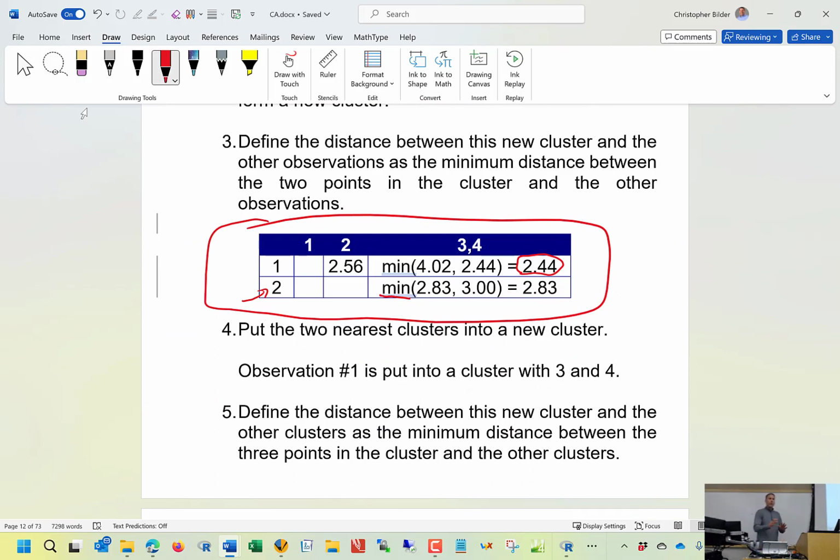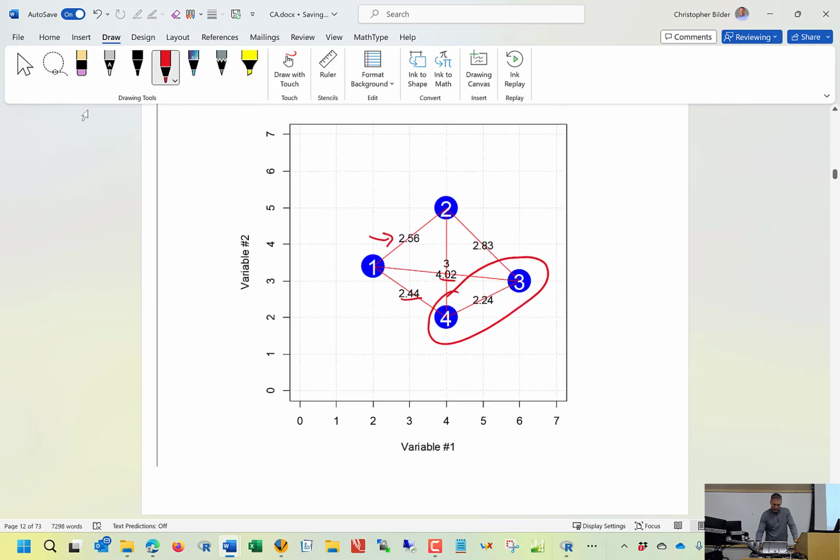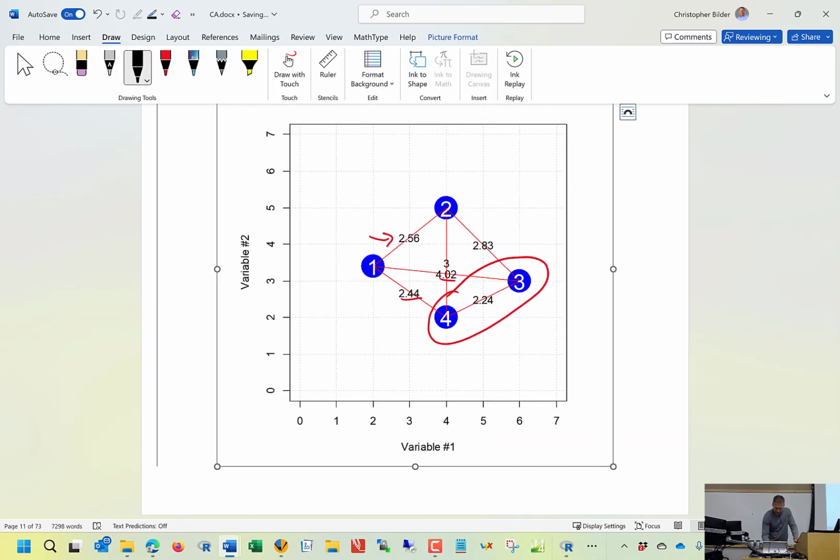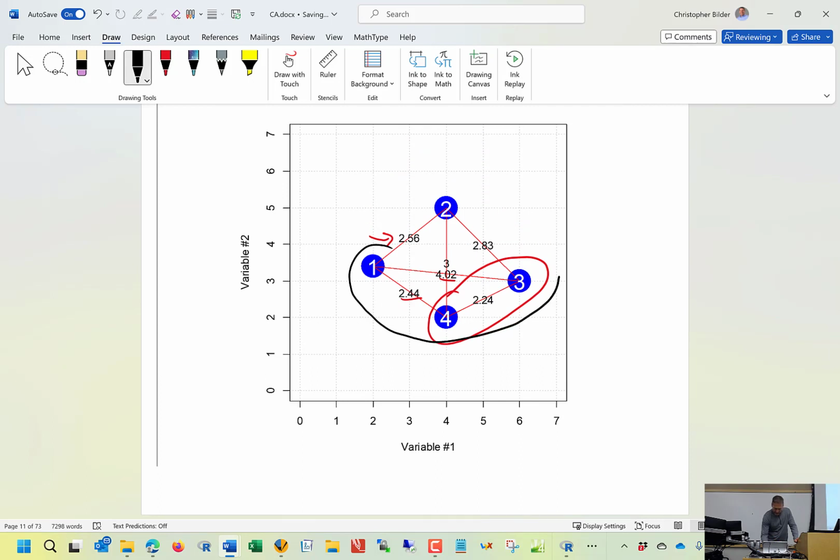So, based upon what I see here, what is going to be the next cluster formed? It's still the minimum value in terms of the distances between the clusters, and that smallest distance is right there, 2.44. So now, for the second stage of my clustering process, I have a cluster that has just 2 in it, and then a cluster that has 1, 3, and 4 in it.